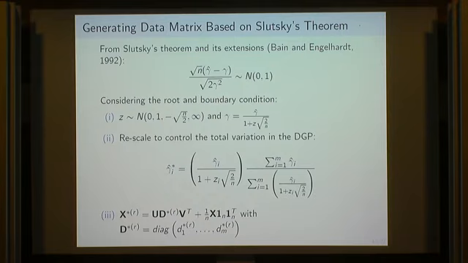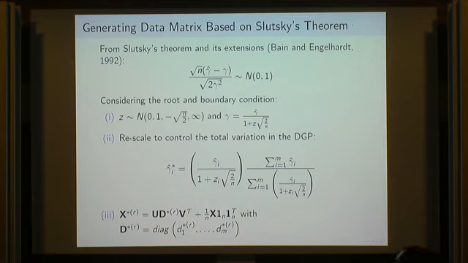The problem is if we replace this in the diagonal matrix of eigenvalues, then the total variation may not equal the variation of the original matrix. That means the trace of X transpose X by n may not equal the trace of X star transpose X star by n. So to control the total variation within the data matrix, we have to rescale the eigenvalues by using this rescaling.